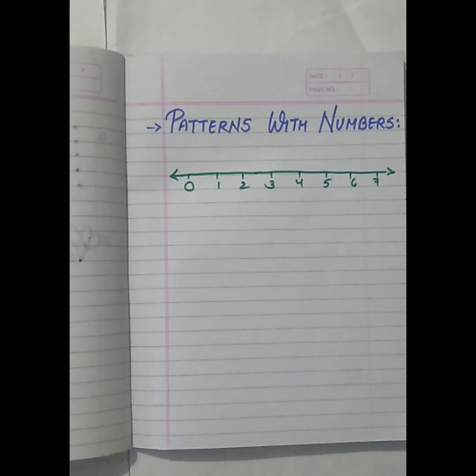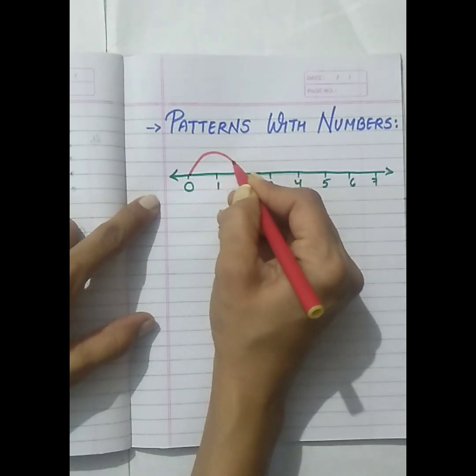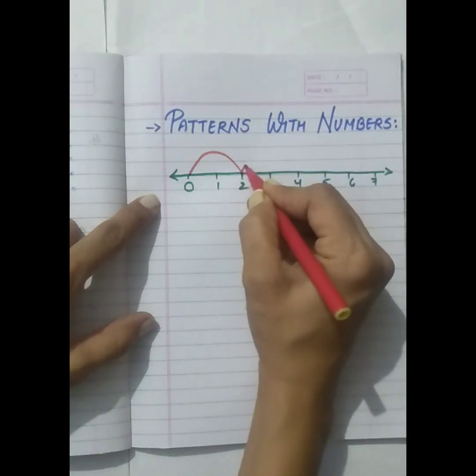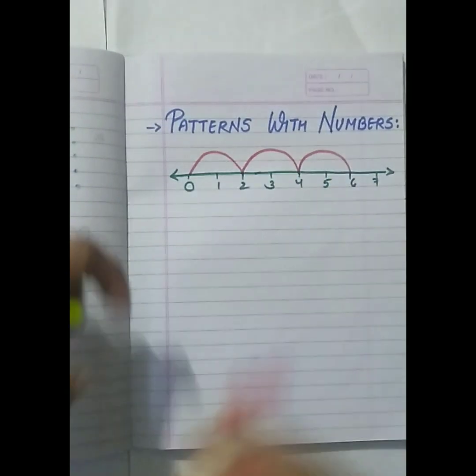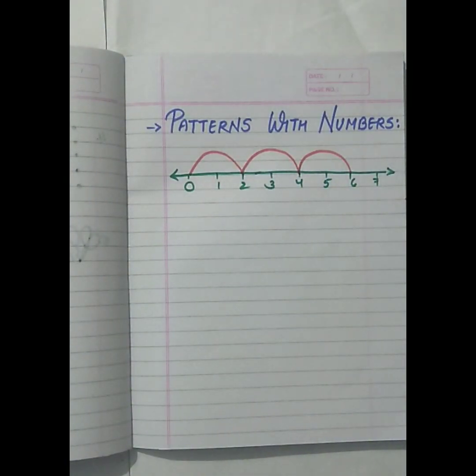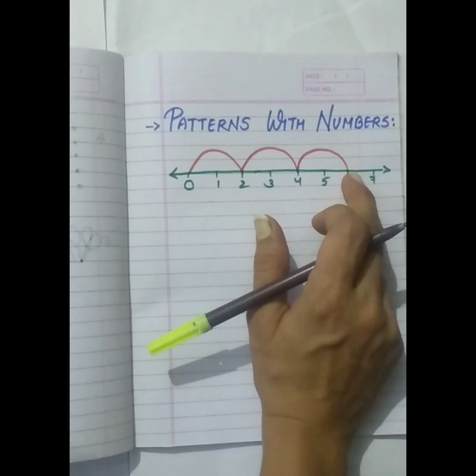Now here, 0 to 2, then again 2 to 4, 4 to 6, and it goes on. Now you can see in this number line what pattern is followed. Here the pattern followed is that the number increases by 2 every time.